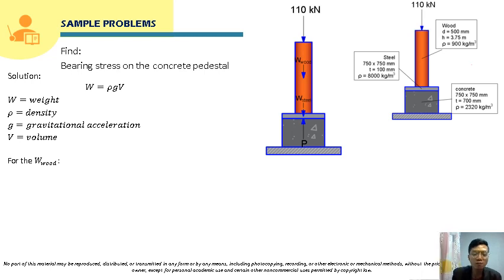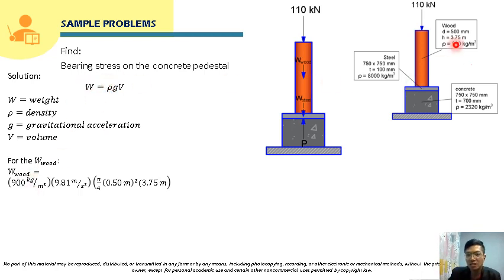We will solve first for the weight of the wood using this formula. The density of the wood is 900 kilogram per meter cube, and the gravitational acceleration is 9.81 meter per second squared. The wood has a circular cross section, so the volume will be the area of the cross section times the height.